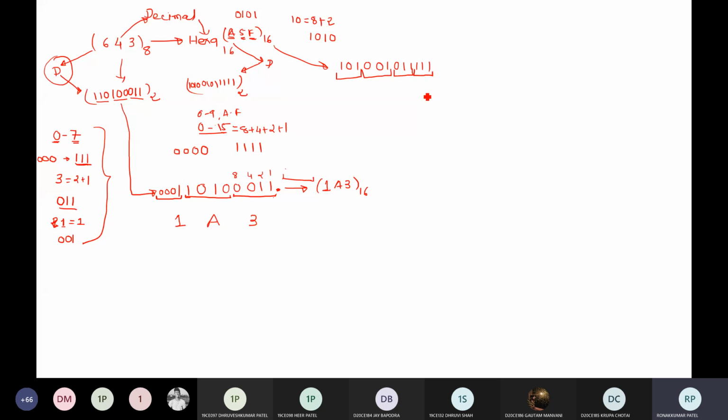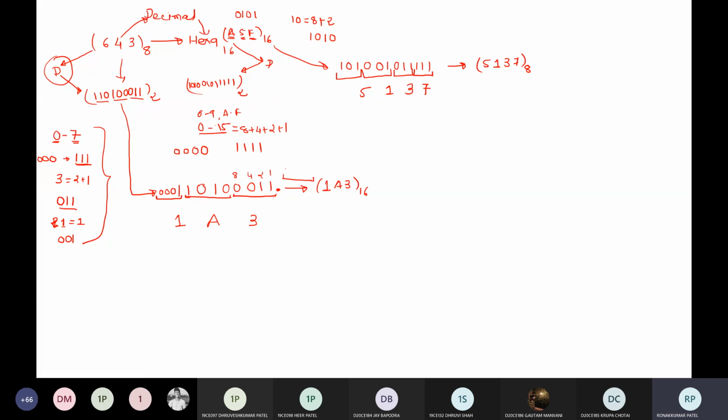Now convert into numbers. 111 means 4 plus 2 plus 1, that is 7. 011 is 3. 001 is 1. 101 is 4 plus 1, 5. So the octal representation of this is 5137 base 8.